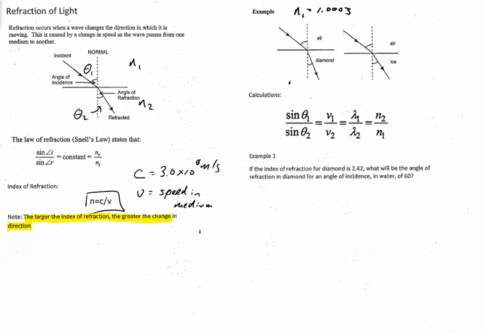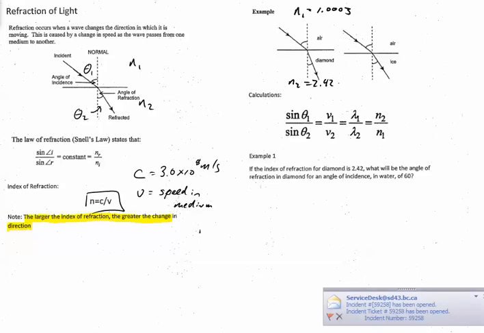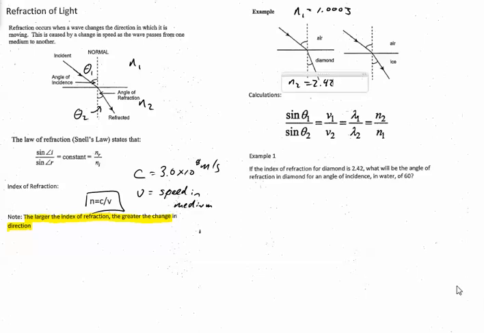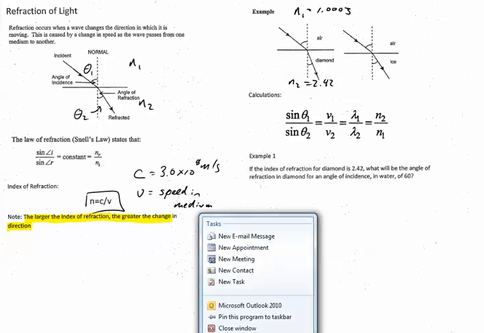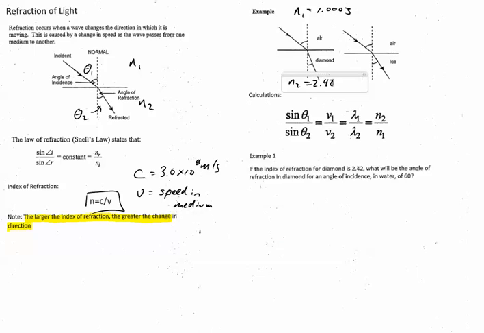The index for diamond is 2.42. Now you'll always be given these or a way to calculate them. So if we look here, it's traveled from a less dense into a more dense. It's a bigger number. So what we observe is that it bends towards the normal.